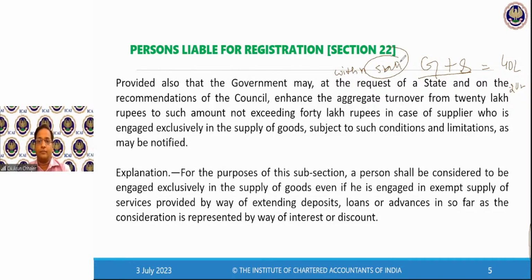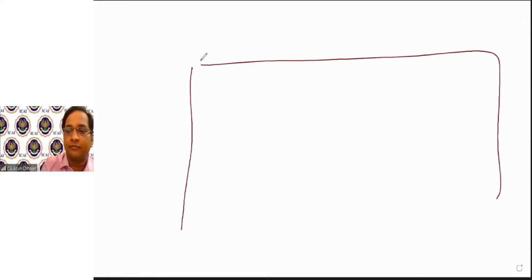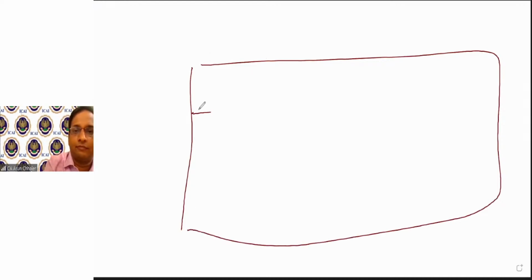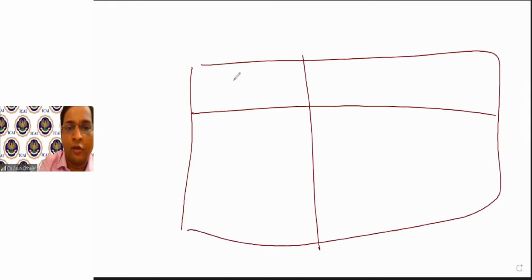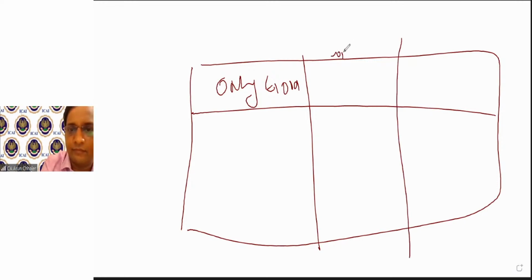Only goods limit is 40. So let me draw: only goods within the state, limit would be 40.